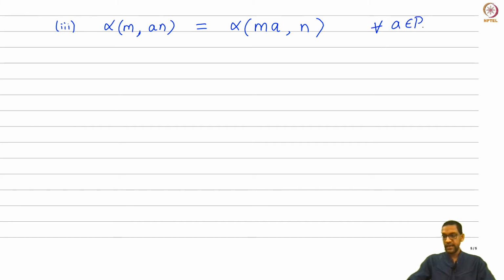And the third property is what we just talked about heuristically: if I scalar multiply n by a scalar a, then that answer should be the same as right multiplying m by a and leaving n as it is. This is true for all scalars a from the ring R and for all m in M, n in N.